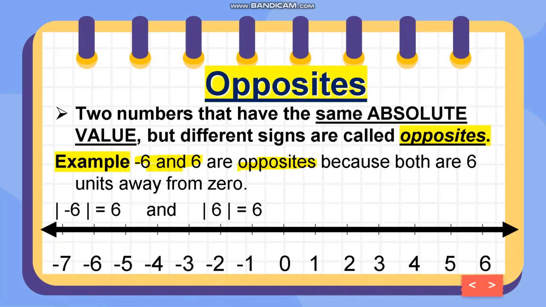If we use the number line, as you can see, this is negative 6, this is positive 6. So the opposite of negative 6 is positive 6, and the opposite of positive 6 is negative 6. The same thing, for example, if you use positive 2, the opposite is negative 2. The opposite of positive 4 is negative 4, and so on.